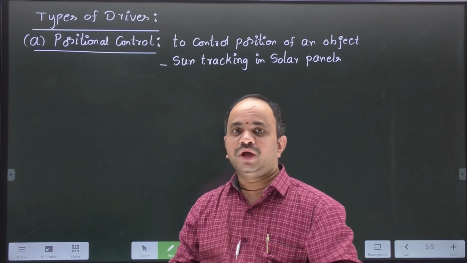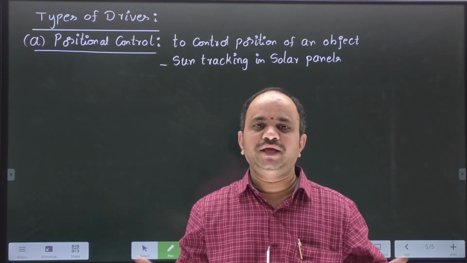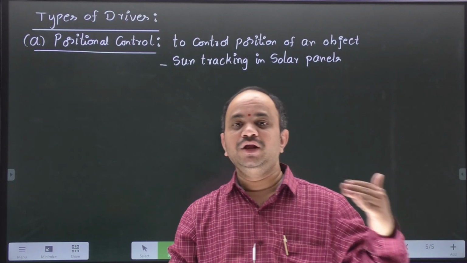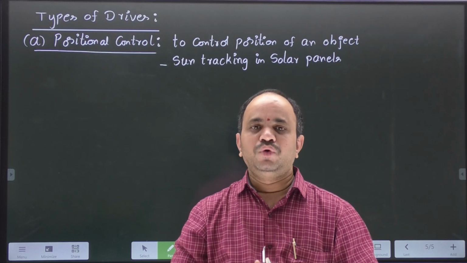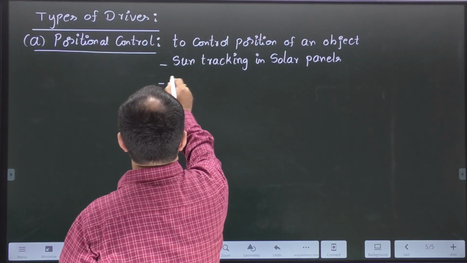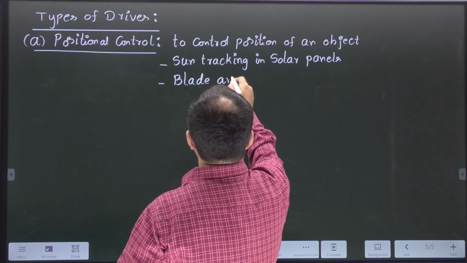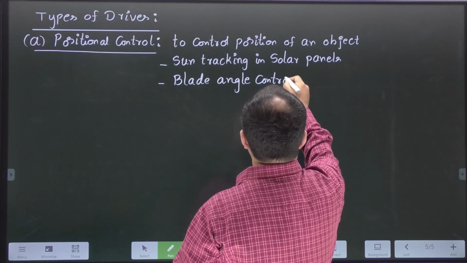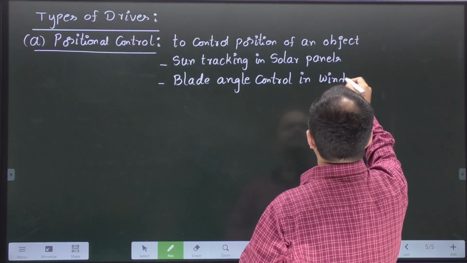Because you cannot control the speed of the wind, as it is a natural phenomenon, with respect to the wind angle of attack, if you change the angle of the blade, you can extract more power from the given wind turbine. So I can say here, blade angle control in wind turbines.